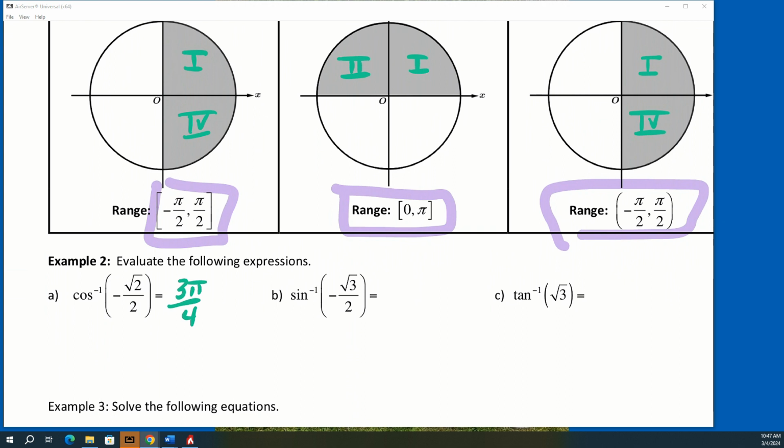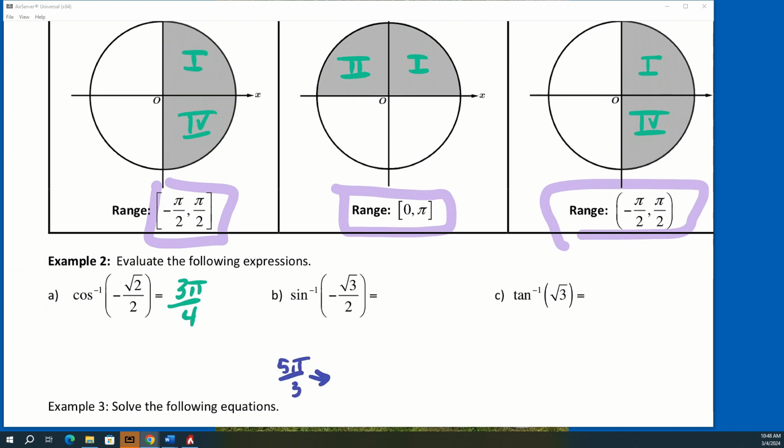All right, for B, we need to find the arc sine of negative square root of 3 over 2. So again, there are multiple angles that have that sine. We are going to have to pick the one in quadrant 4, and we cannot use the angle that's on our unit circle. So just looking at your unit circle, which angle has that sine, or which angle has that y coordinate?